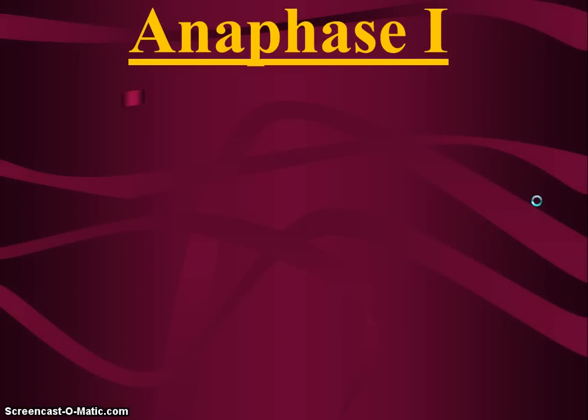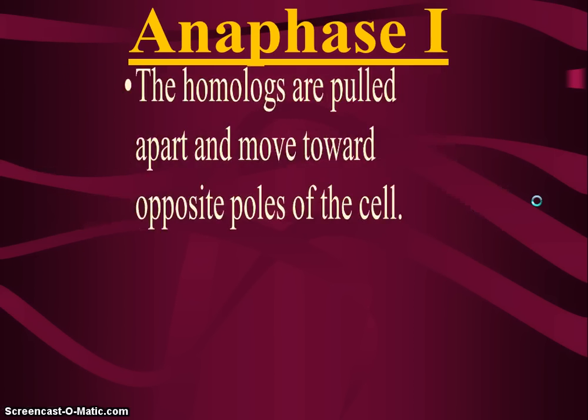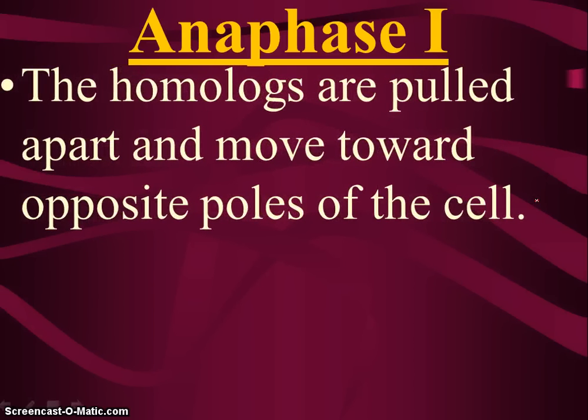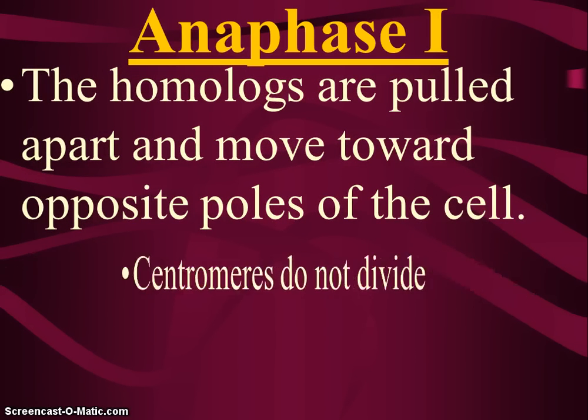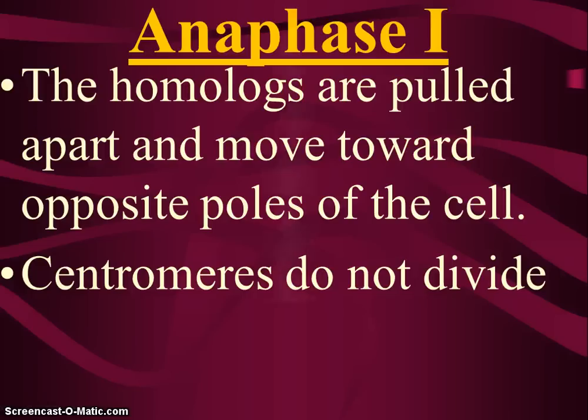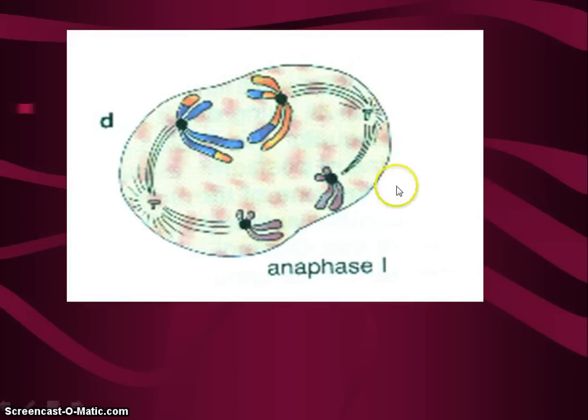Anaphase 1, still like an angry phase. However, the homologous pairs, or the homologs, separate into chromosomes, and that's what gets pulled to opposite ends of the cell. So the centromeres at this point do not divide. And you can see here how the homologs are getting pulled apart.